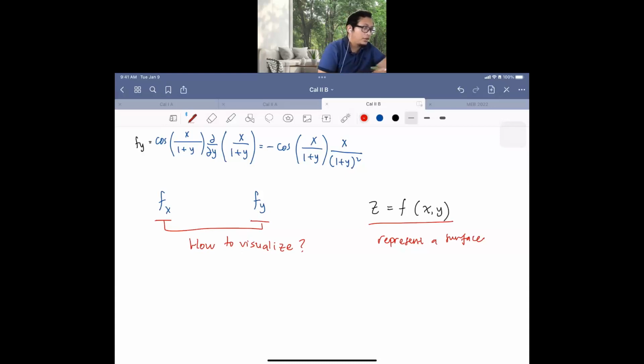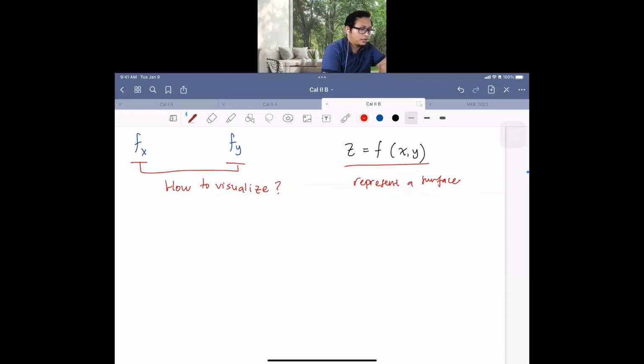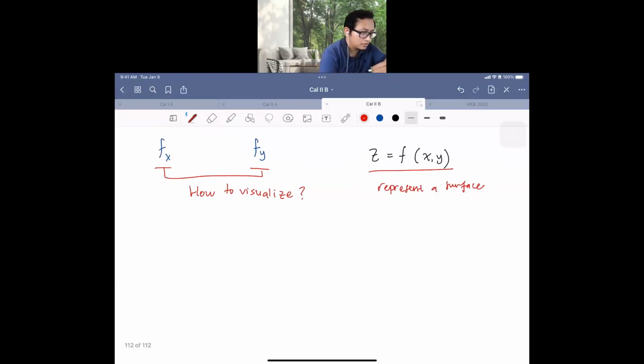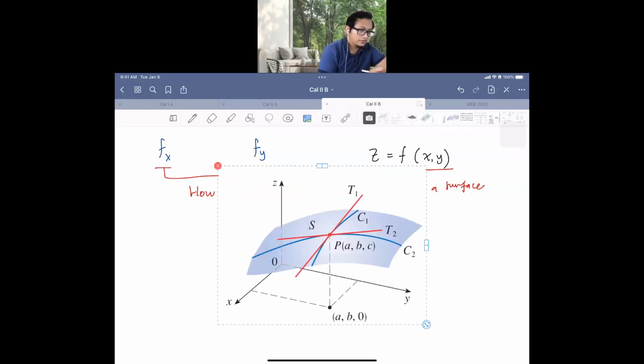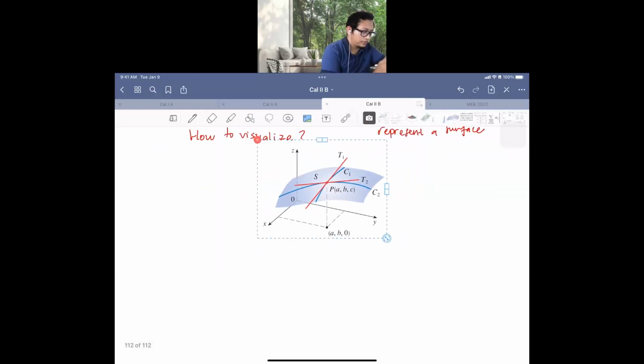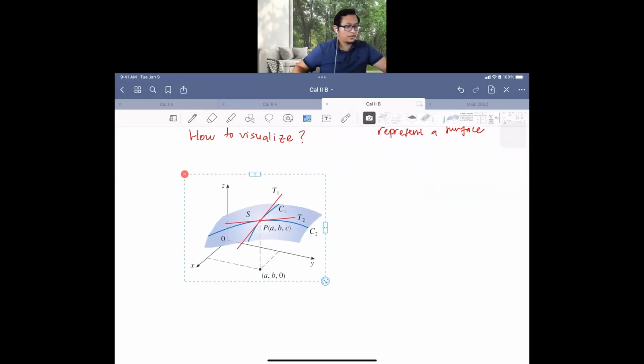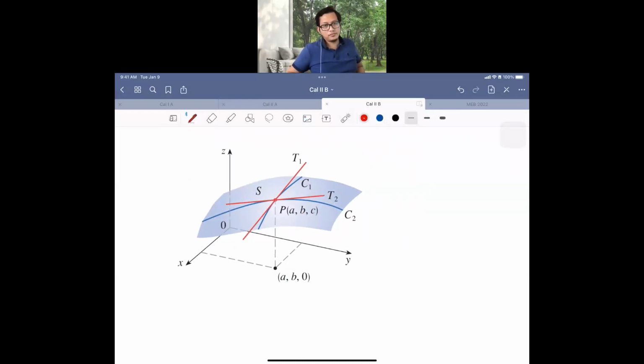So when we deal with this surface, then we are actually dealing with at least two tangents. Okay. So they are having two tangents because we have partial x and partial y.